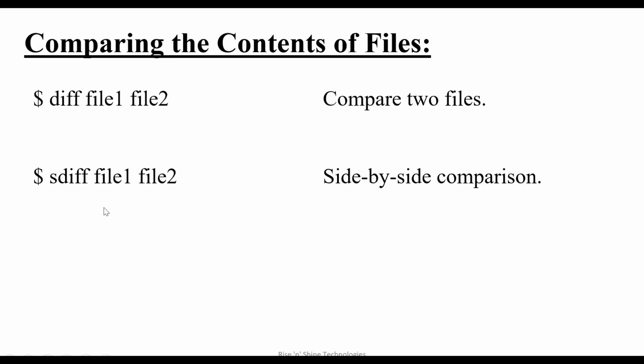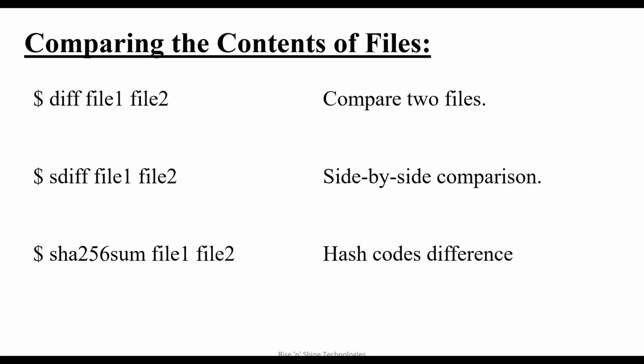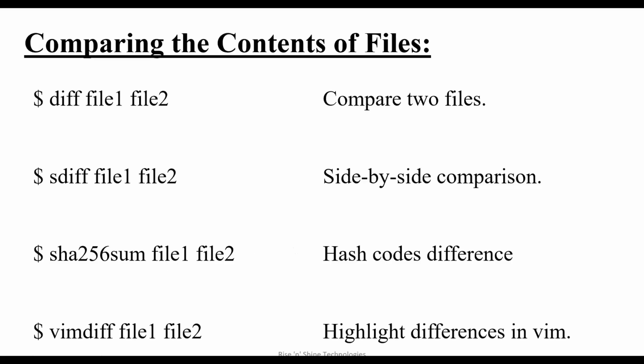The third tool is not about the content of the file, but about whether the internal identity of the file is the same or not. That means whether the unique codes or unique IDs of the files are the same, to verify that they are identical. We can use one more utility for that: sha256sum file1 file2. This identifies the difference on the files through hash codes.